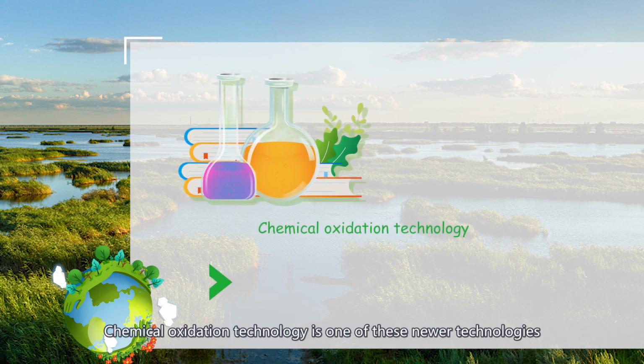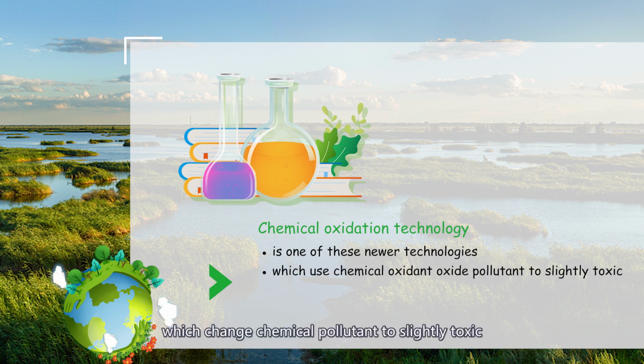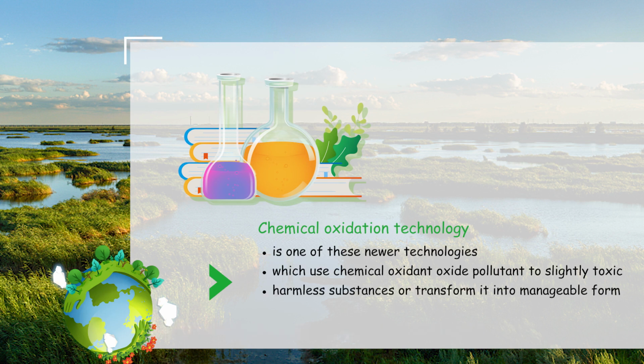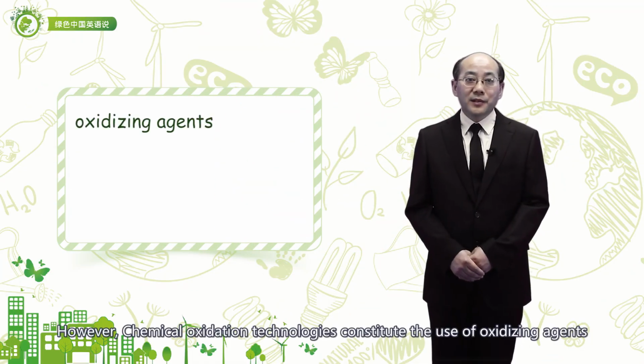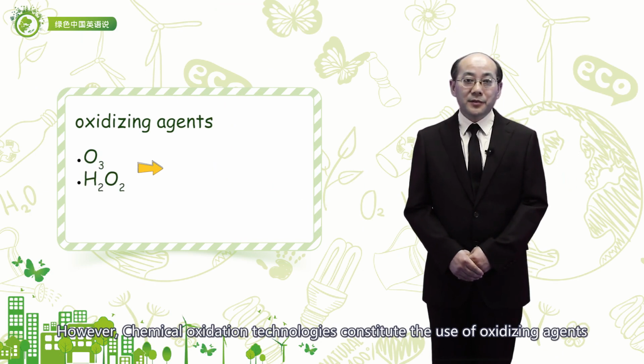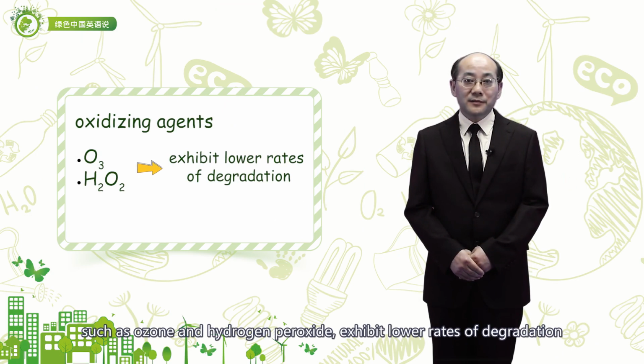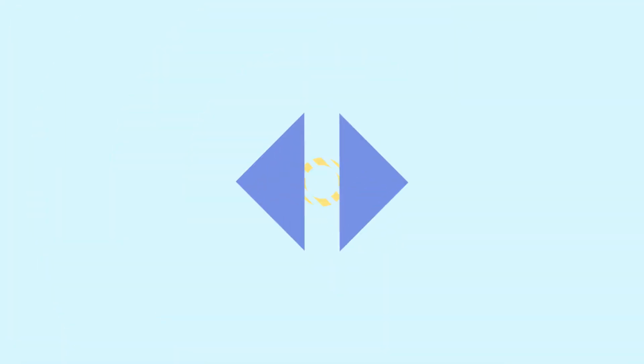Chemical oxidation technology is one of the newer technologies which change chemical pollutants to slightly toxic, harmless substances or transform them into manageable form. However, chemical oxidation technologies that use oxidizing agents such as ozone and hydrogen peroxide exhibit a lower rate of degradation.